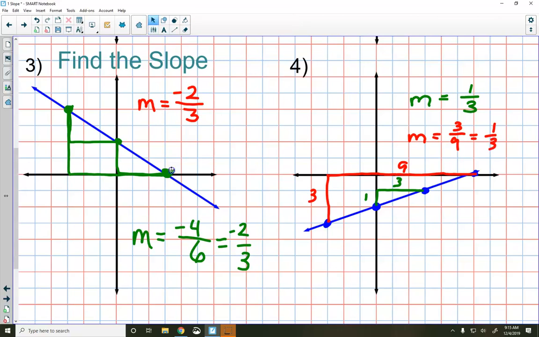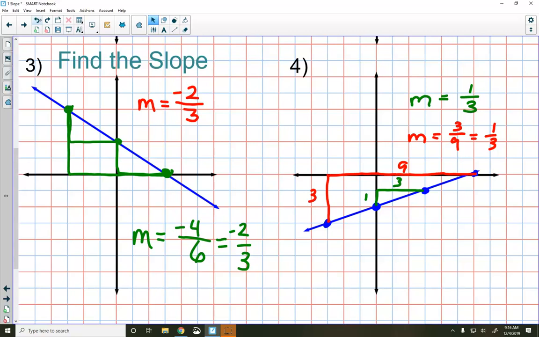Maybe you found something in the middle where you went from here to here. And that would be up 2, over 6. And again, 2/6 would reduce to 1/3. So it doesn't matter which of the coordinate points we're using, as long as we pick 2 of them and we simplify the fraction, we'll get the correct slope of positive 1/3.